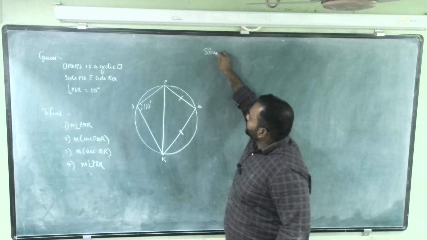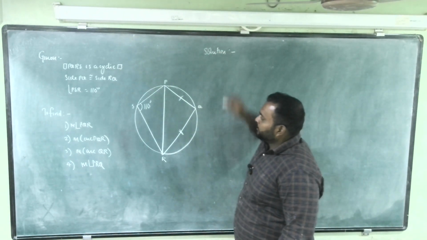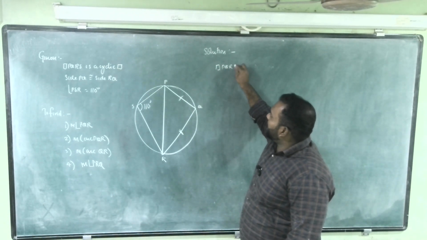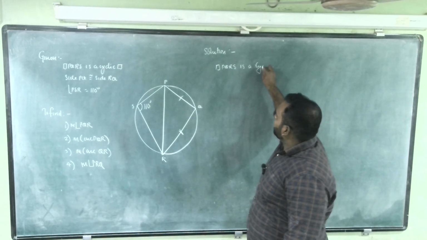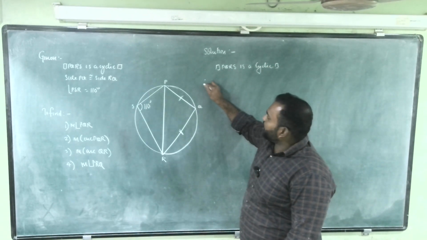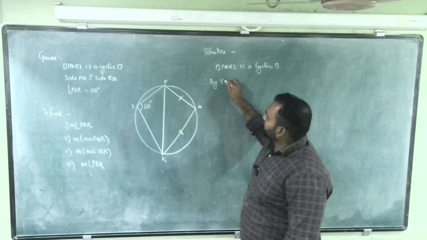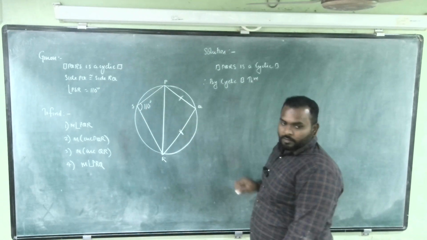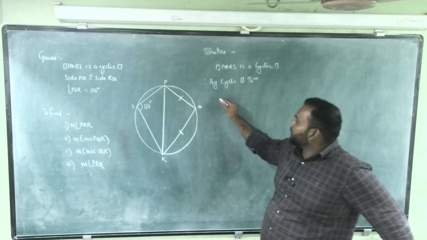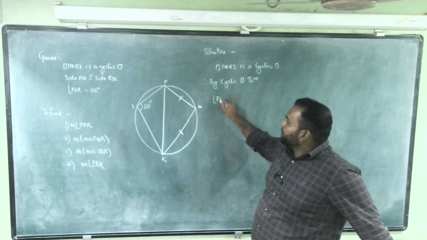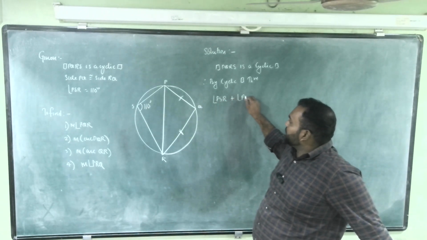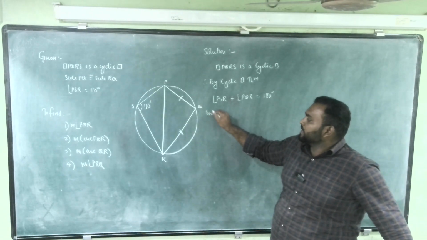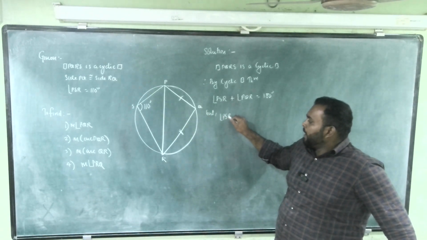We'll go for the solution. Okay? So first I'll write, quadrilateral PQRS is a cyclic quadrilateral. If it is a cyclic quadrilateral, therefore by cyclic quadrilateral theorem, what do you have? Opposite angles are supplementary. PSR plus PQR equals 180 degrees. What is angle PSR equal to? 110 degrees.